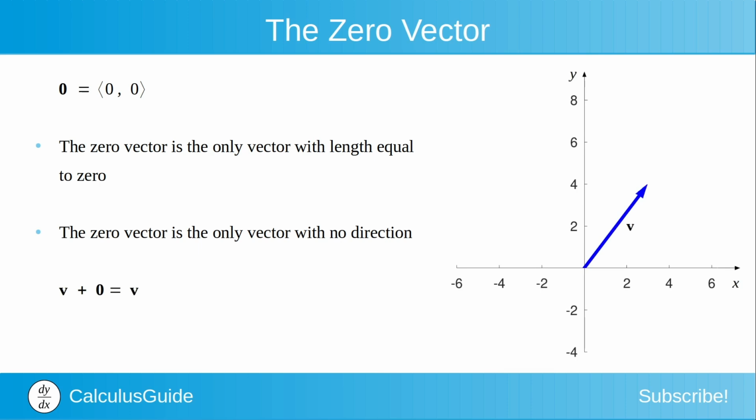For a vector v, v plus the zero vector is equal to v. And for a vector v, minus v plus the vector v is equal to the zero vector. And for a vector v, the scalar 0 multiplied by v is equal to the zero vector.